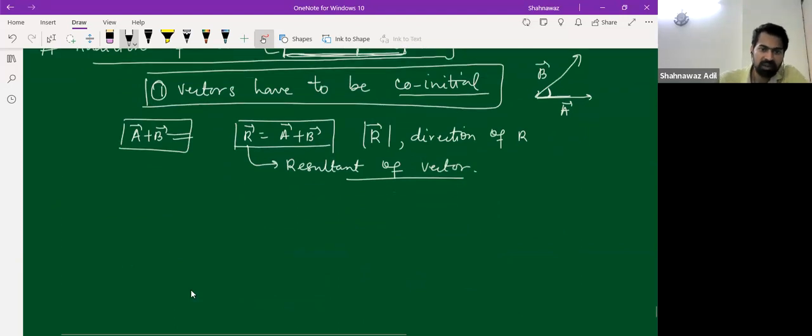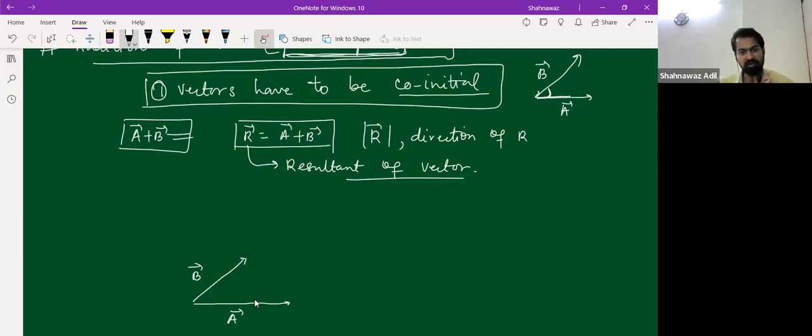You have these vectors. This is A. This is B. To make the parallelogram, we have to draw a parallel at this point, equal to the vector B. So here we draw the equal vector of B, with the same angle and the same length.